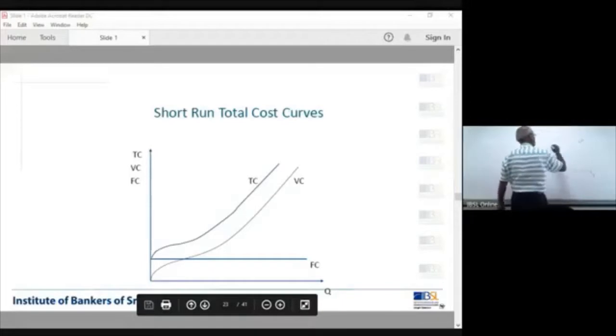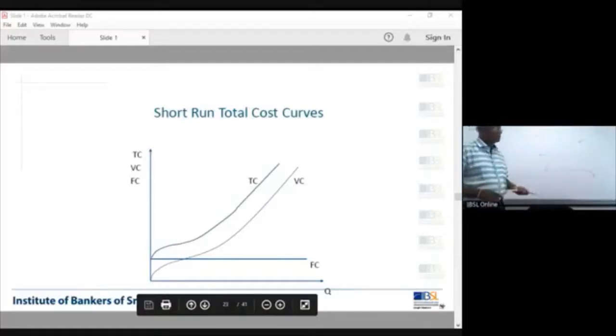That is the shape of the fixed cost curve. Something like that, fixed cost. The total cost curve: you shift the variable cost curve up.